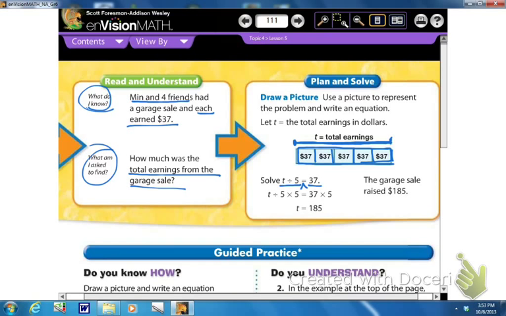Remember, our goal is to get the variable T all by itself, and if T is being divided by 5, then we must do the opposite, which would be multiplying by 5, so they cancel each other out, leaving just T on the left side. Again, our pan balance is that equal sign. We have to do the same to the right side. So now we have 37 times 5, which gives us $185. So we know that the garage sale raised $185 altogether.